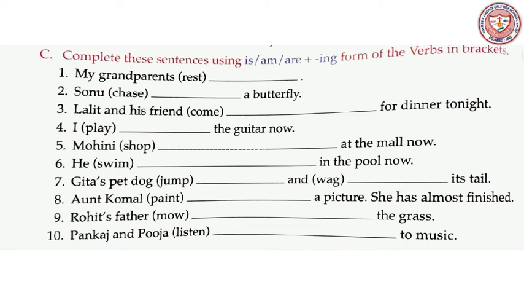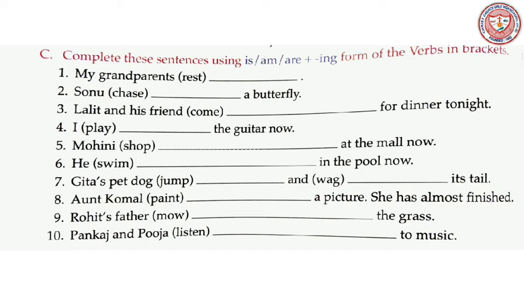Number 2. Sonu chase a butterfly. The ing form of the verb chase is chasing. C-H-A-S-I-N-G. Sonu is singular subject, so we are supposed to use is.